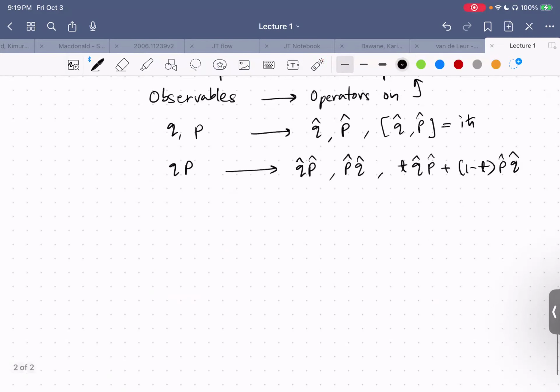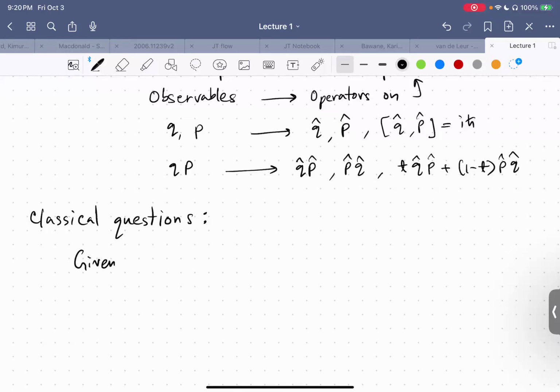Now, in classical mechanics, what are the kind of questions that we're interested in? What do we want to answer? So what are the classical questions? Of course, there can be many questions, but pretty much all of them boil down to something like the following: given some initial data, so given an initial state, and classically, again, a state simply means its position at time t equals 0 and its momentum at time t equals 0.